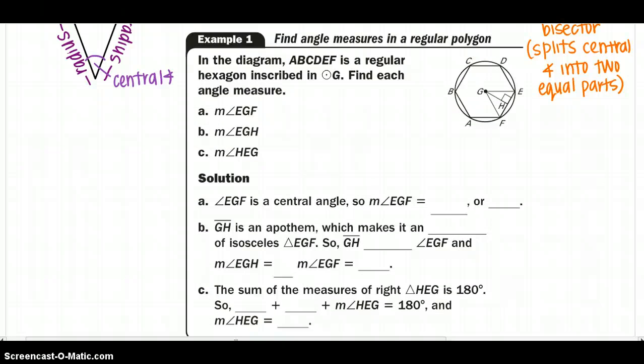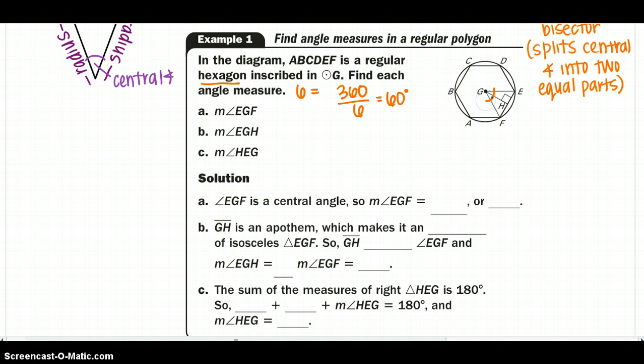So the first example in our diagram, A, B, C, D, E, F, is a regular hexagon inscribed in circle G. And we want to find the measure of these given angles. Well, first let's find that central angle. We know that a hexagon has 6 sides, so 360 divided by 6 would give us a 60-degree central angle.